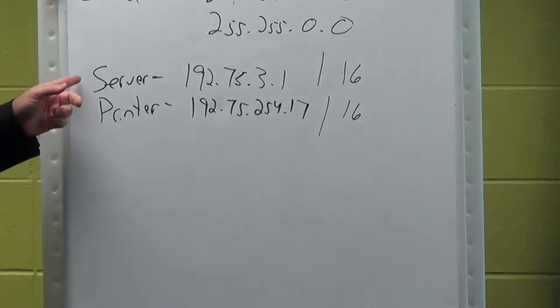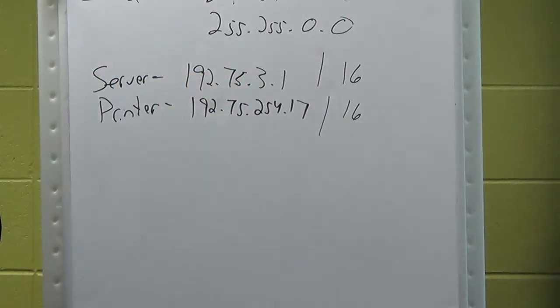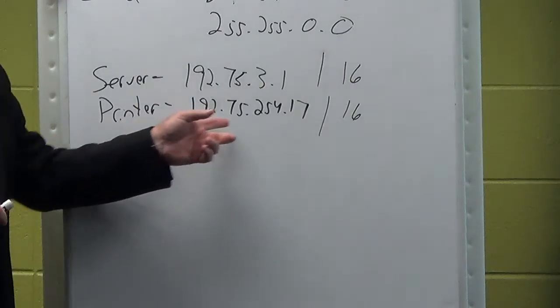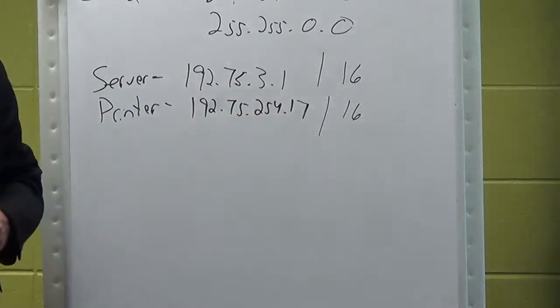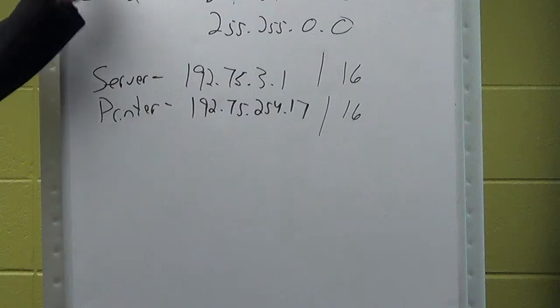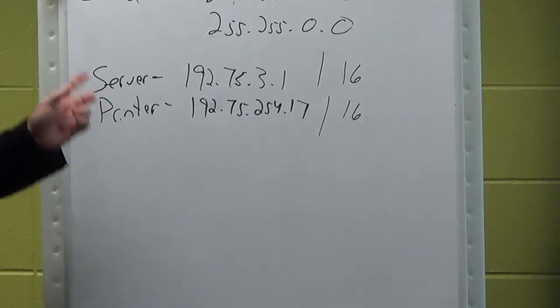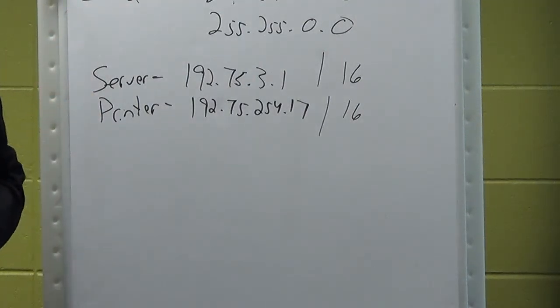If this server had an IP address of 192.75.3.1, and this printer had 192.75.254.17, but it's in the Indianapolis office, could this server see this printer? No. How many say yes?